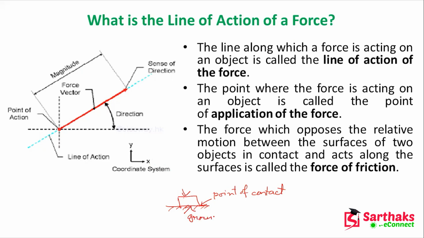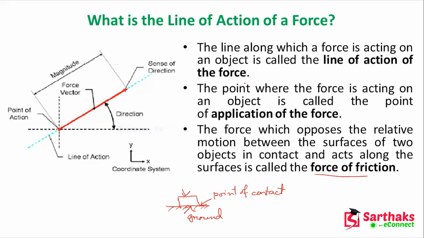Suppose you are keeping one block on the table. So the table is one object and the block or box is the other object. In between these two objects, whatever forces are acting, that is the frictional force, or force of friction.